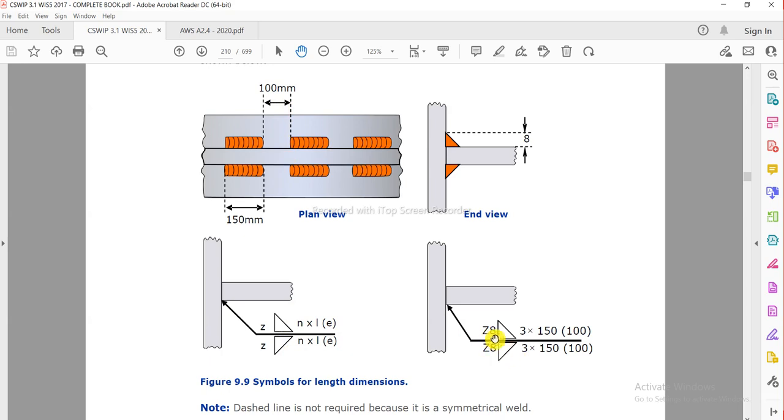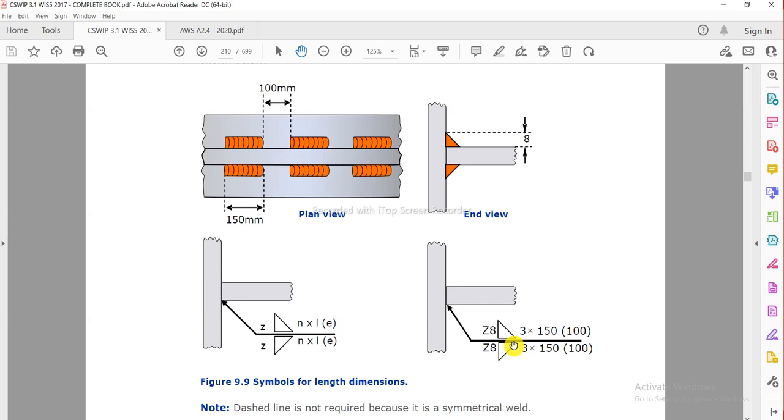Z8 is a fillet weld symbol. I have earlier told you the meaning of this symbol. Welding symbols are divided into three types: elementary welding symbols, complementary welding symbols, and supplementary welding symbols.